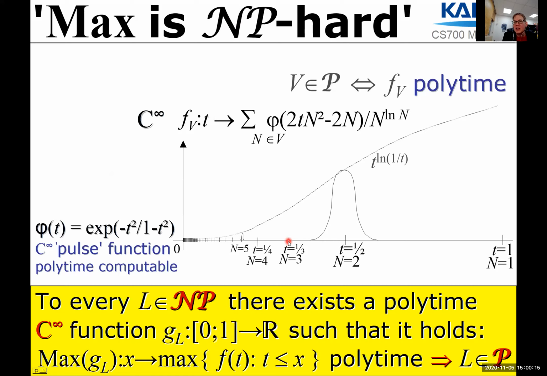Well, but we cannot test for 0 or non-zero, right? So what's the solution to this problem? Well, we don't have to detect exactly whether 0 or non-zero because the pulse, if it's present, has a considerable height, right?